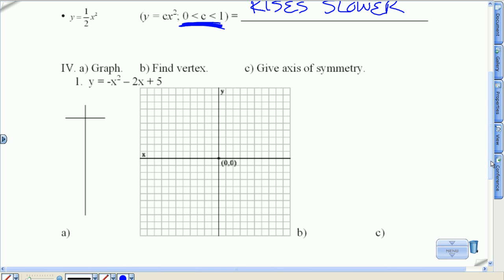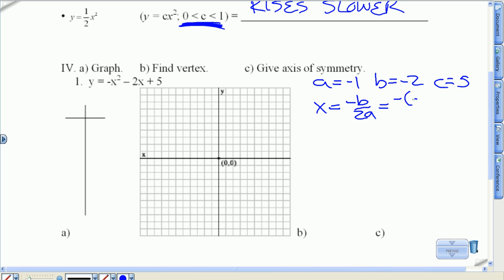Alright, here we want to graph it, find the vertex, and give the axis of symmetry. No information has been given here to help us. So what we're going to do is go with the axis of symmetry first. A equals -1, B is equal to -2, C is equal to 5. And the axis of symmetry formula is x equals -b over 2a.